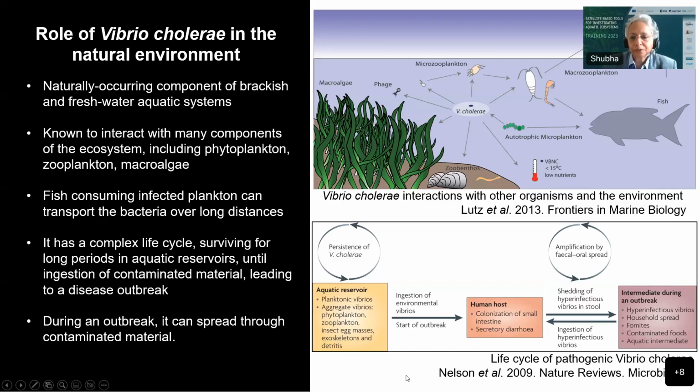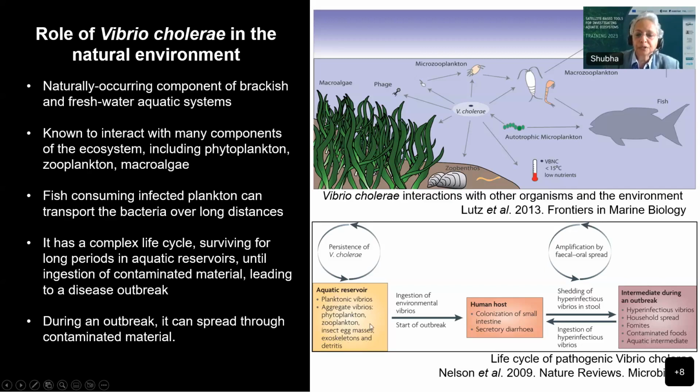If you look at their life cycle, it is generally understood that contact or consuming contaminated water or food can cause an outbreak of the disease. But in the interval between successive outbreaks, they have to survive in an aquatic reservoir. And this may be through phytoplankton or zooplankton or insect egg masses, exoskeleton, detritus.